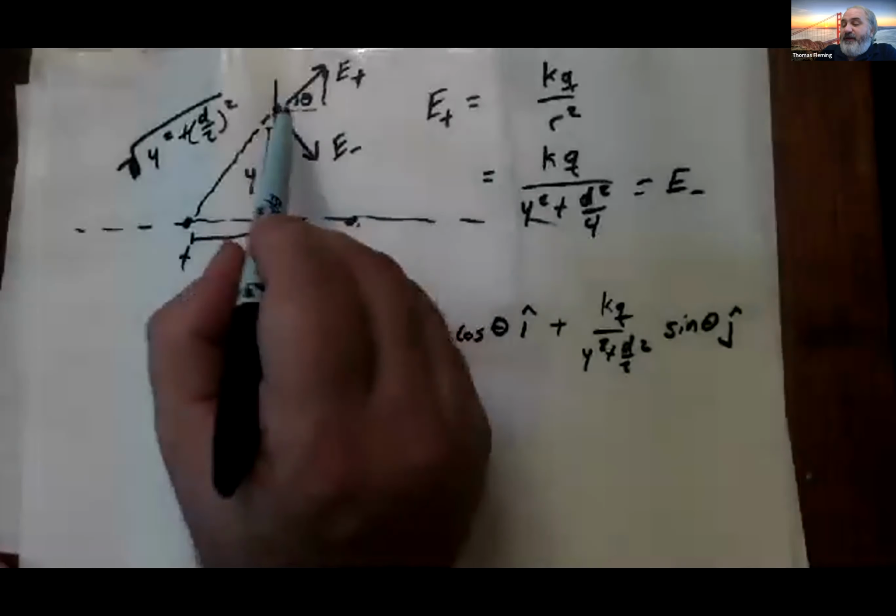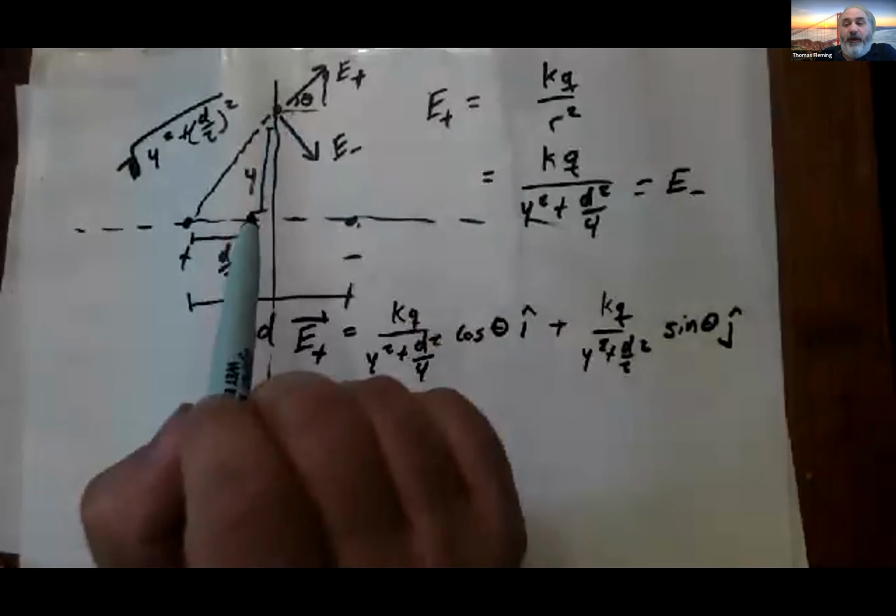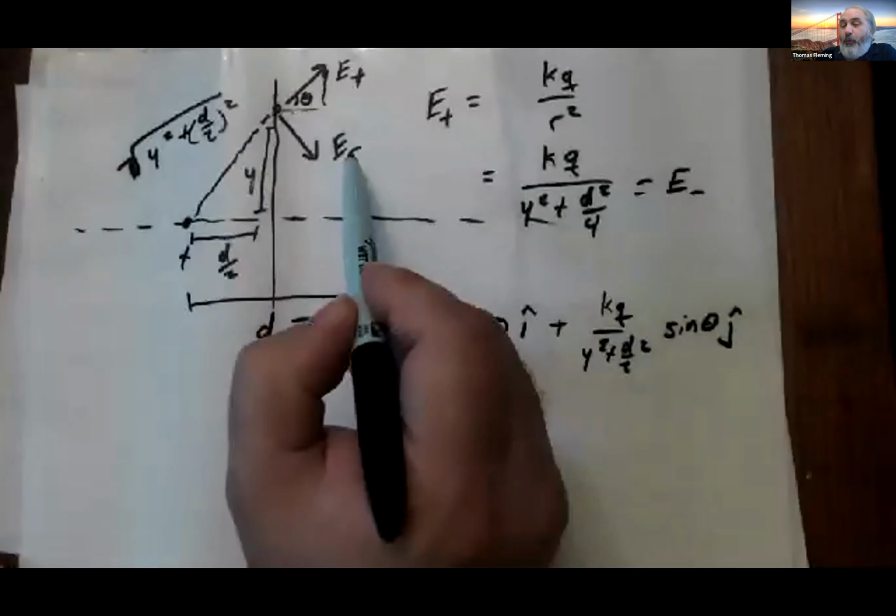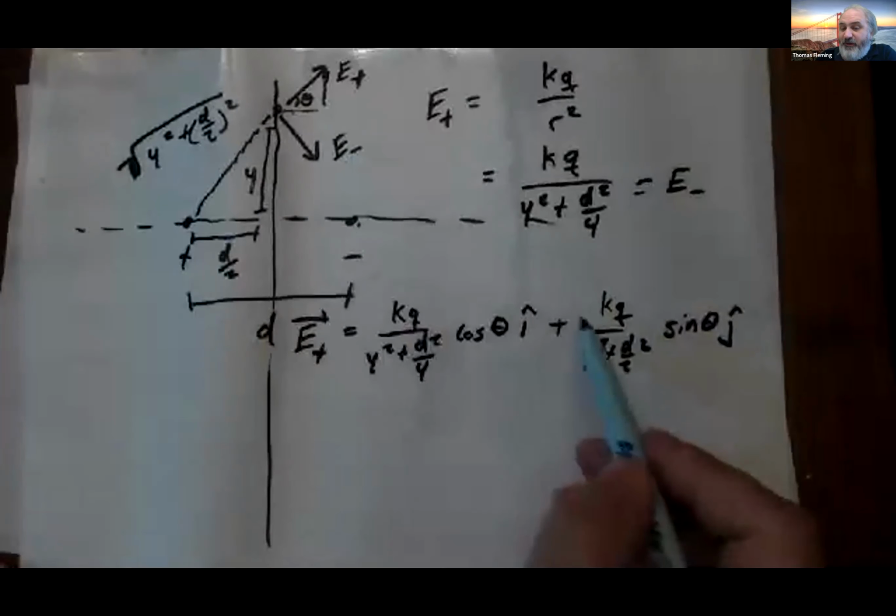Again, I hope this is pretty straightforward. The good news is for E minus, it's going to make the exact same angle, and the only difference is that E minus points downward in the y direction. So it's going to be this same expression, except that's going to have a minus sign.